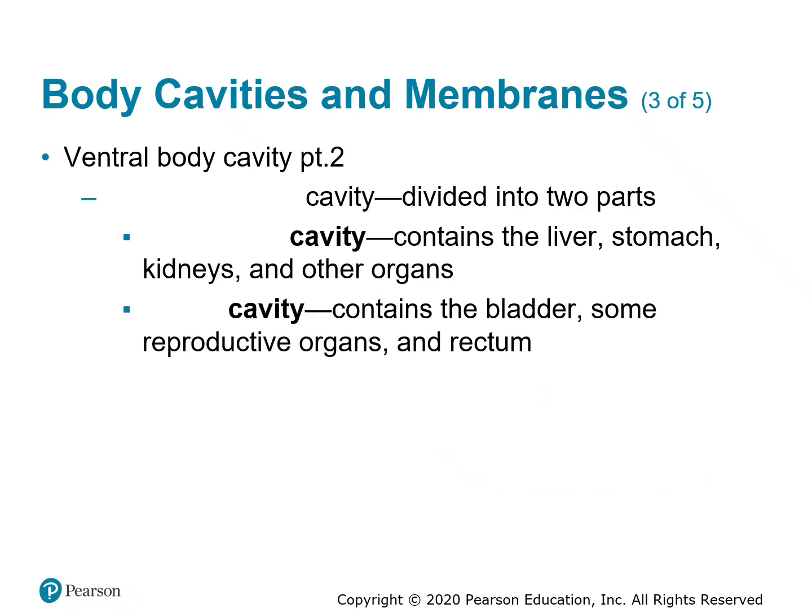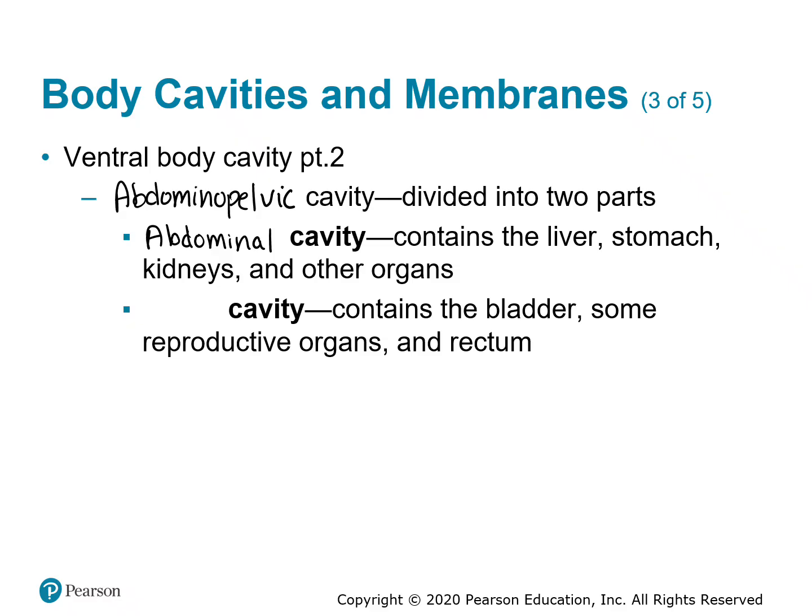And then the abdominopelvic cavity is divided into two parts. It has the abdominal cavities, where all of your digestive organs like to sit. When you think abdomen, think liver, stomach, anything that you use to process and eat food, think abdomen.